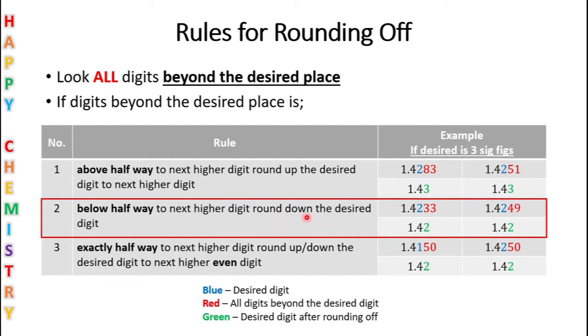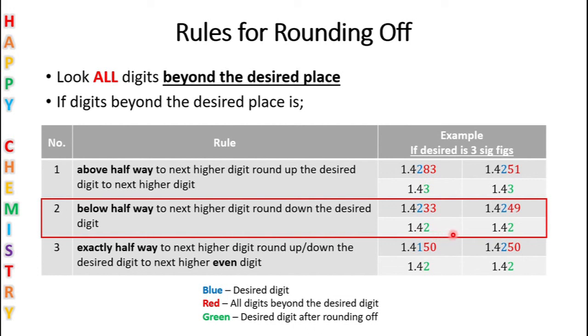The first example is 1.4233. The desired digit is 2, and the digits beyond the desired place are 33, which is below halfway to the next higher digit. Therefore, round down and keep it as it is. The final answer would be 1.42.